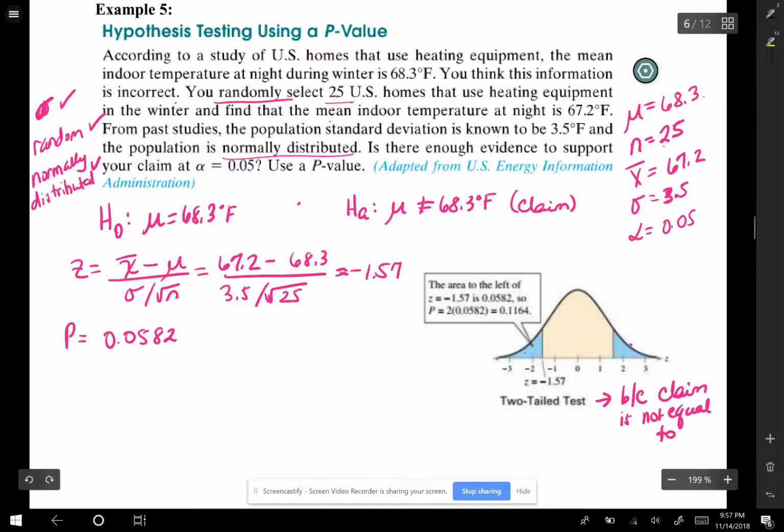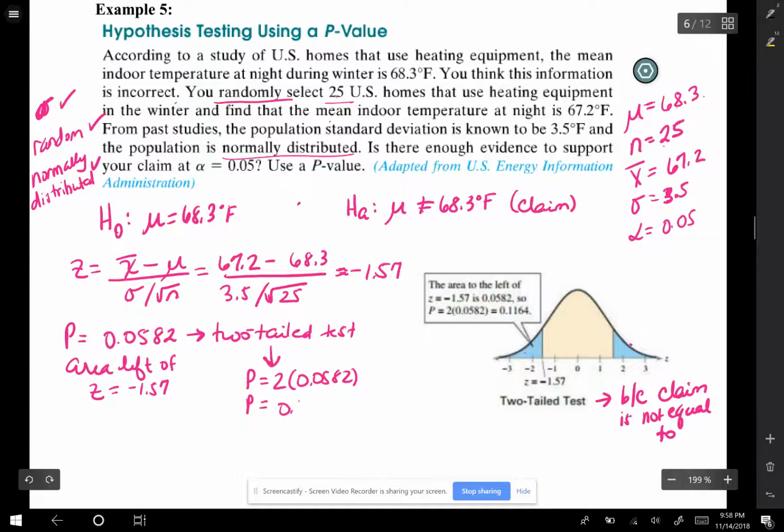And then since it's a two-tailed test, we have to multiply that by 2 because this is the area left of z equals negative 1.57. So I'm going to have to do p equals 2 times 0.0582. So that gives me a p-value of 0.1164.